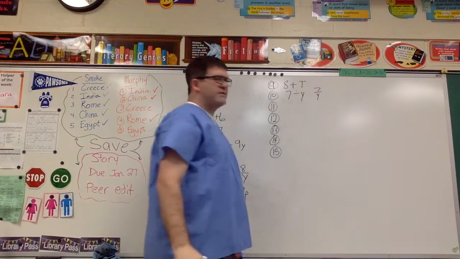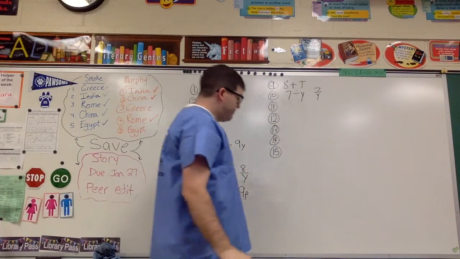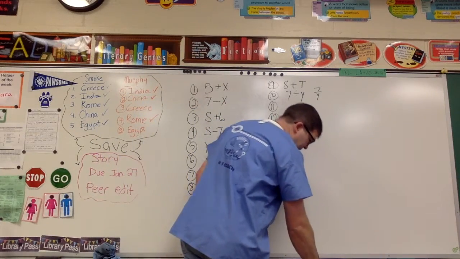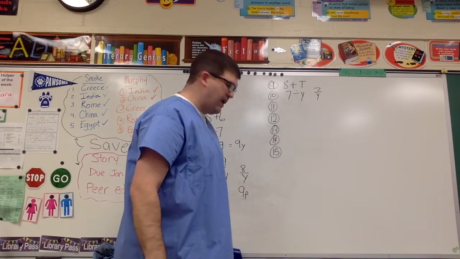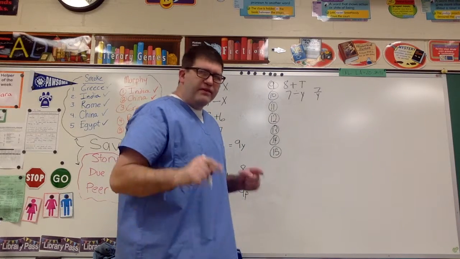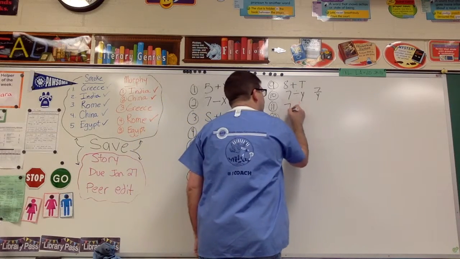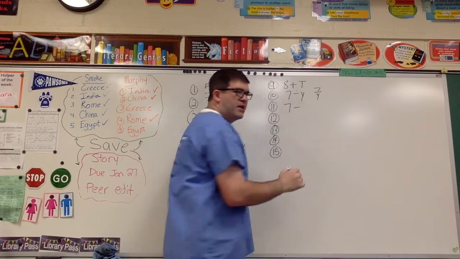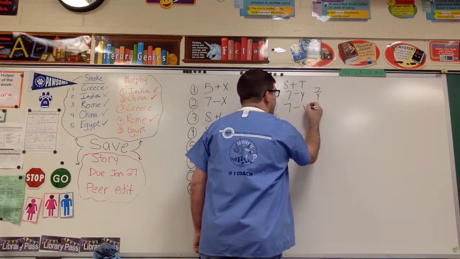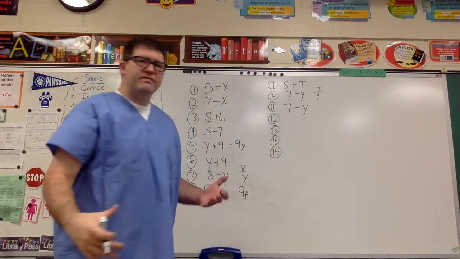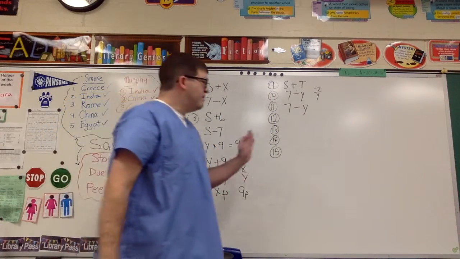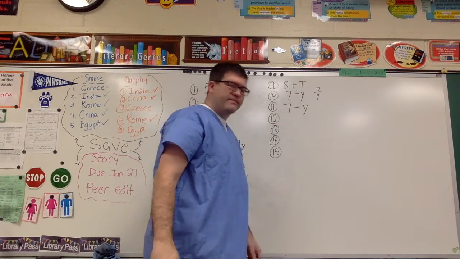Could be written like that also. Number 11, the difference between 7 and y. When you have difference, you just go in order. Difference means subtraction, 7 and y. So the difference of 7 and y, you go right in order, 7 minus y.